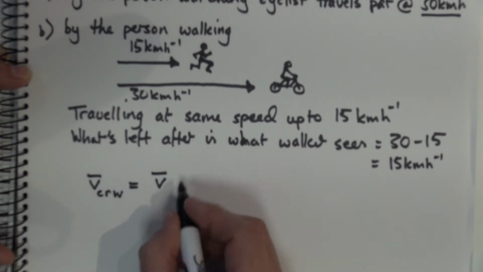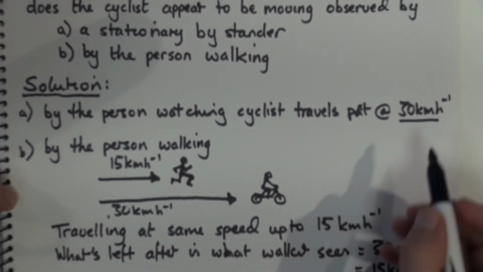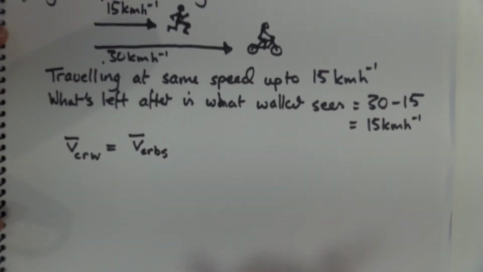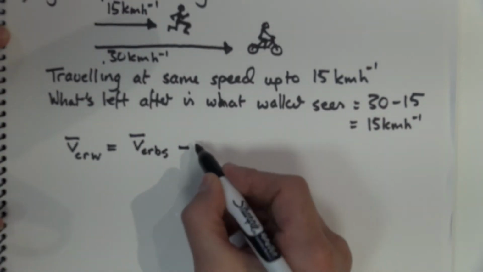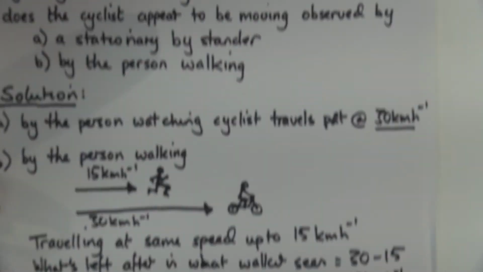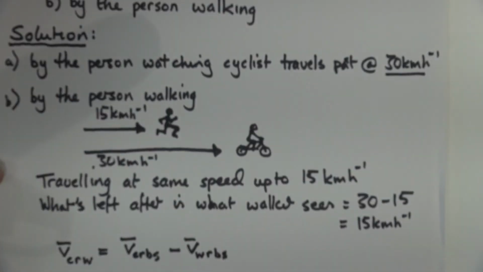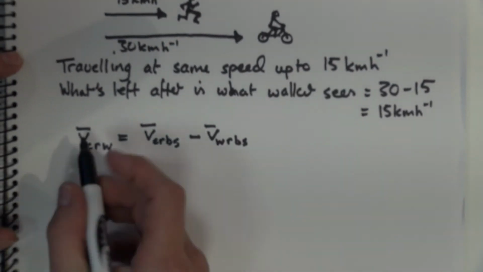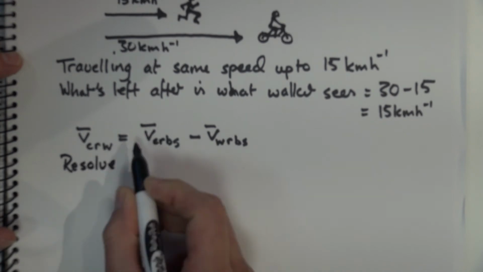So we've got the vector of the cyclist relative to the walker equals the velocity of the cyclist relative to the bystander minus the velocity of the walker relative to the bystander. WRBS is walker relative to the bystander.